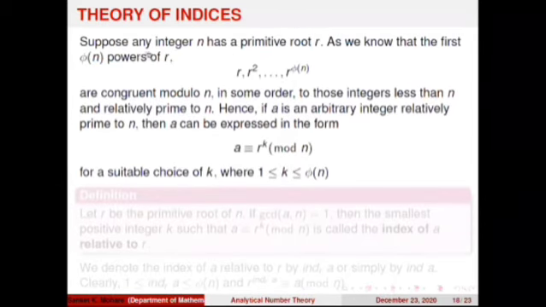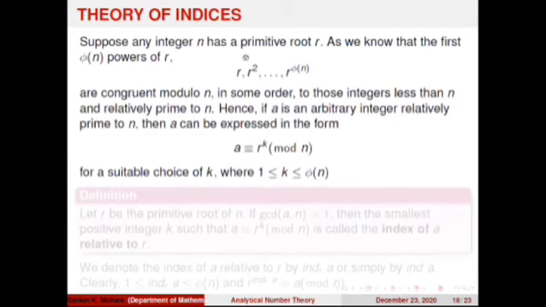Now remember what this line means. Up till now we just discussed primitive roots and things around them, but what exactly is a primitive root? Whenever this line comes, any integer n has primitive root r, it means r to the power phi of n is congruent to 1 modulo n.